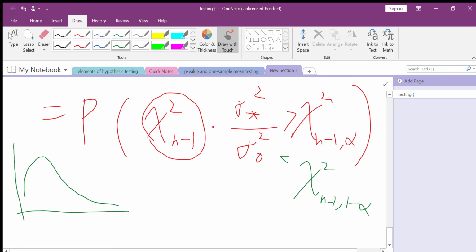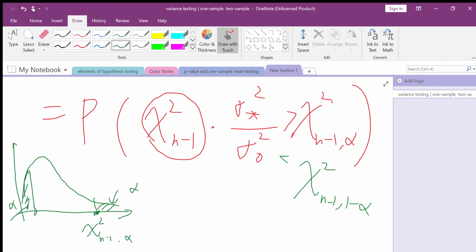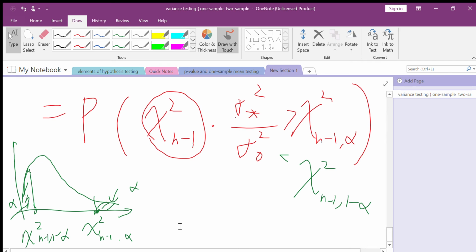This is the PDF of the chi-square distribution, and the shaded area is alpha. So this point on the horizontal line is denoted as chi-square n minus 1 alpha. If the shaded area is alpha, this point on the horizontal line is denoted as chi-square n minus 1 minus alpha. This is our convention for such notation.